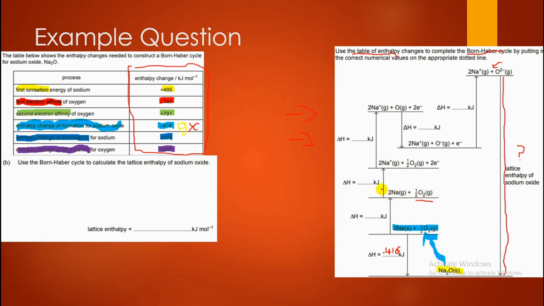However, our Na goes from a solid to a gas. Now this occurrence can only happen via atomization. Atomization is when 1 mole of a gas atom is formed from its standard state.